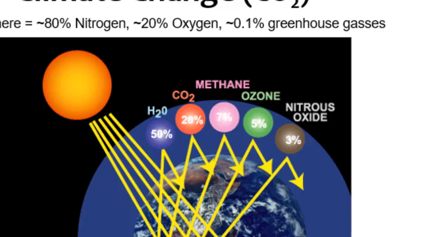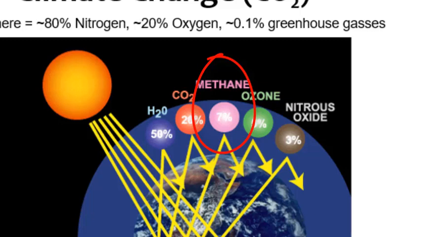The next largest percentage of greenhouse gases is carbon dioxide. When this graphic was made, it was about 28% of greenhouse gases. It's now over 40%. The next largest percent of greenhouse gases is methane, which is under 10%. Methane has a more potent impact as a greenhouse gas than carbon dioxide.